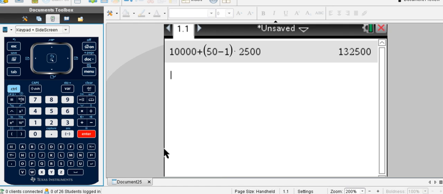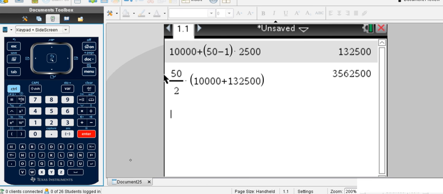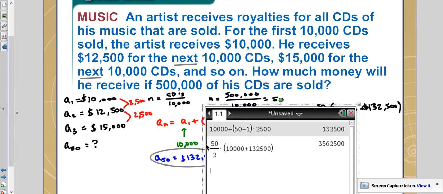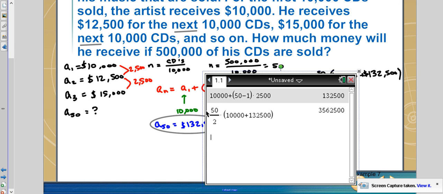So go back to the calculator, and I'm going to say 50 over 2, which again is 25. I'm just writing this all the way out in the calculator so you can see it. 50 over 2 times the first term, which was 10,000, plus the last term, which is 132,500. Press enter. It tells me this is the total amount of money that I would receive. So I'll copy this down here.